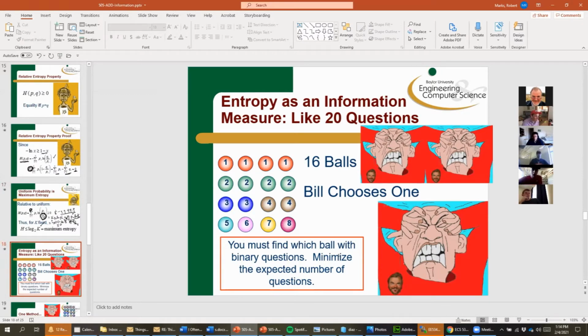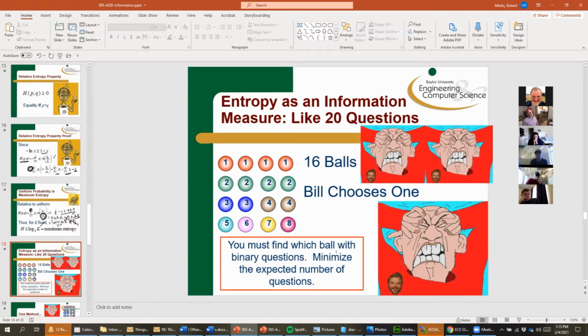So the probability of any one of these coming out is equal to 1 over 16. But that's not the problem we're going to look at. We're going to look at the fact that somebody has chosen one of these balls, and you want to go back to this idea of yes and no questions and figure out the minimum number of questions that you have to ask in order to uniquely identify the ball.